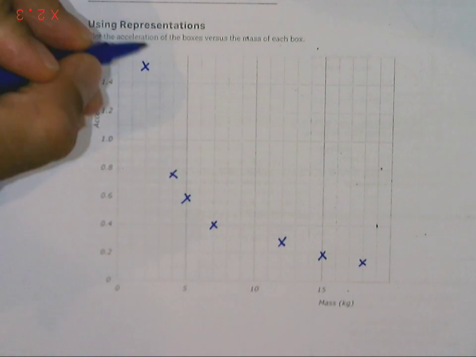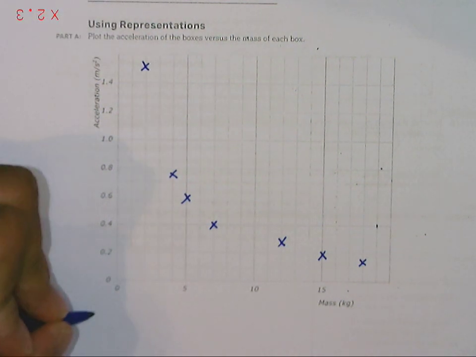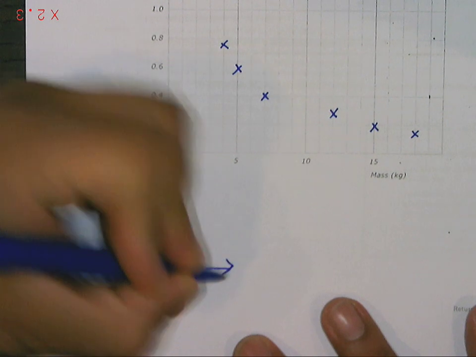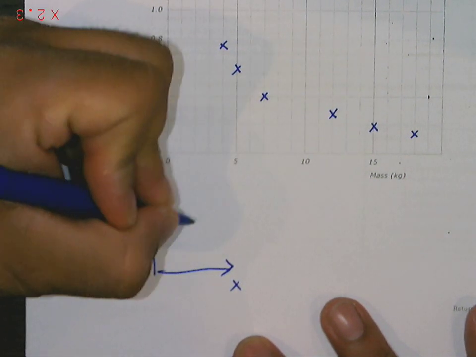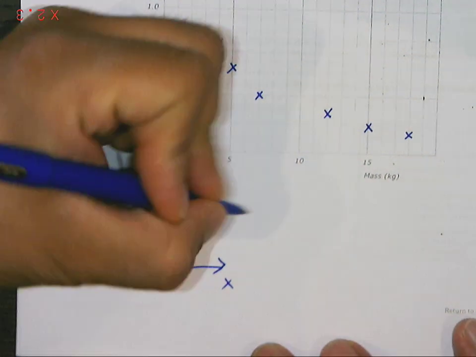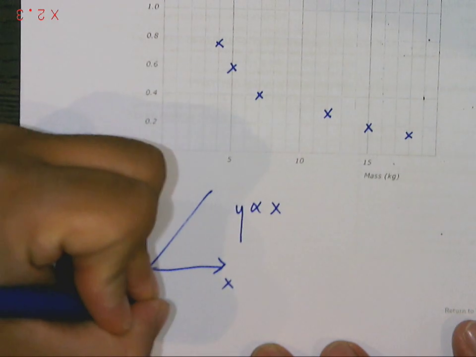Okay. Now, you can see, usually we know it's linear if I have a constant slope. This is y is directly proportional to x, a linear relationship.